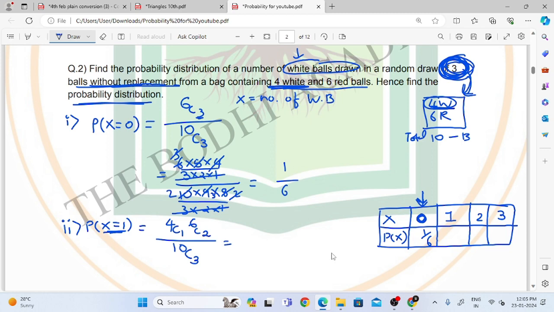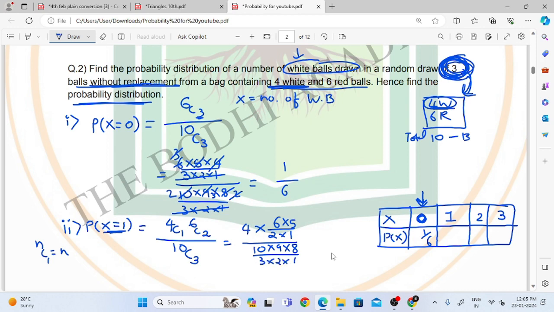Remember this formula, nC1 is nothing but n only. So 4C1 is 4, into 6C2, that means 6 multiplied by 5 upon 2 multiplied by 1, divided by 10C3, that means 10 into 9 into 8 upon 3 into 2 into 1.